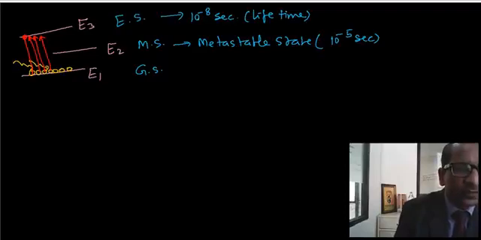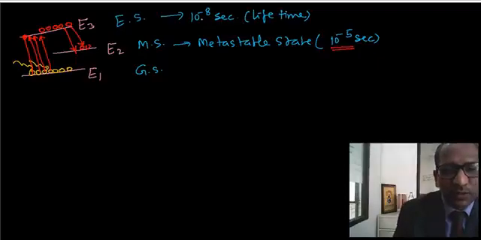E3 is smaller, that is 10 to the power minus 8 seconds, as compared to E2. So when these atoms get excited and reach here, they stay here up to 10 to the power minus 8 seconds, and immediately after that time jump into this metastable state, right? And will stay here, right? And the lifetime of that is 10 to the power minus 5 seconds, 1000 times longer as compared to the excited state.